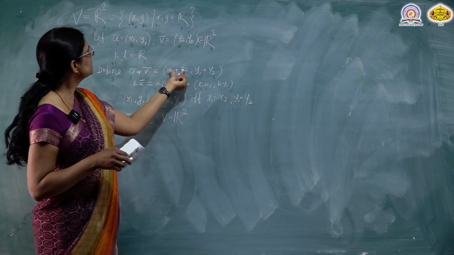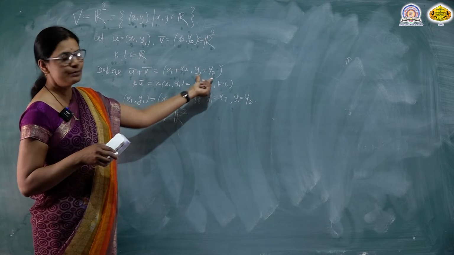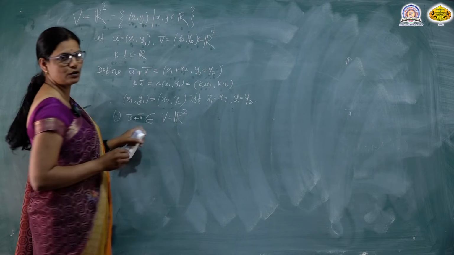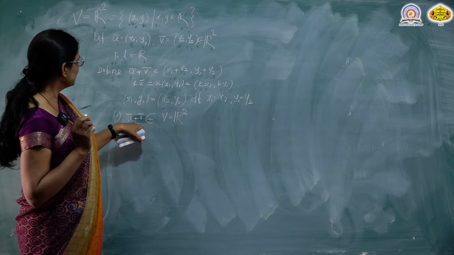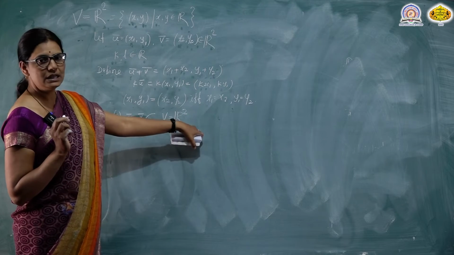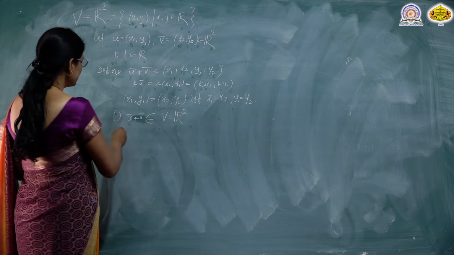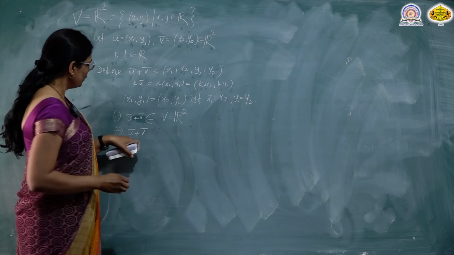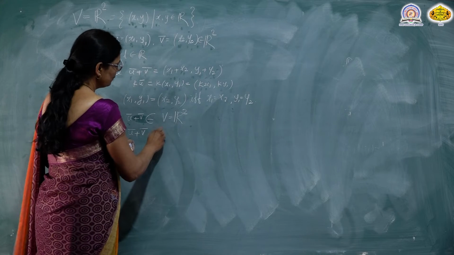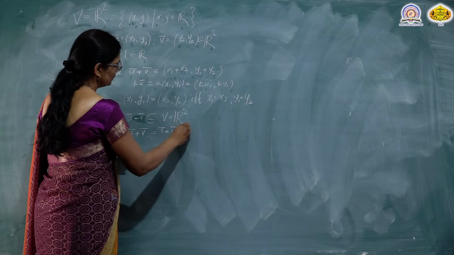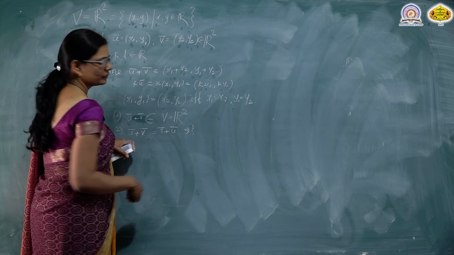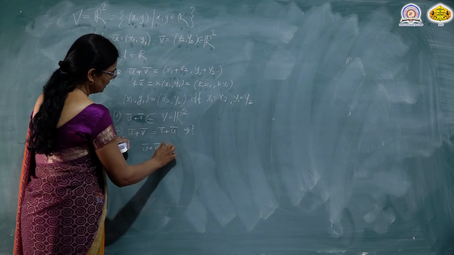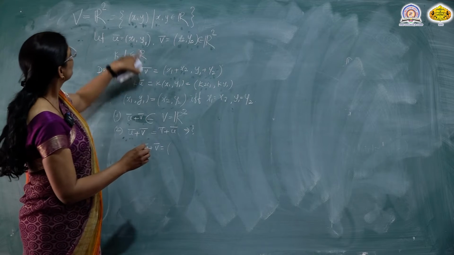So here, that is, addition of these two vectors is U bar plus V bar, which is the addition of these two.